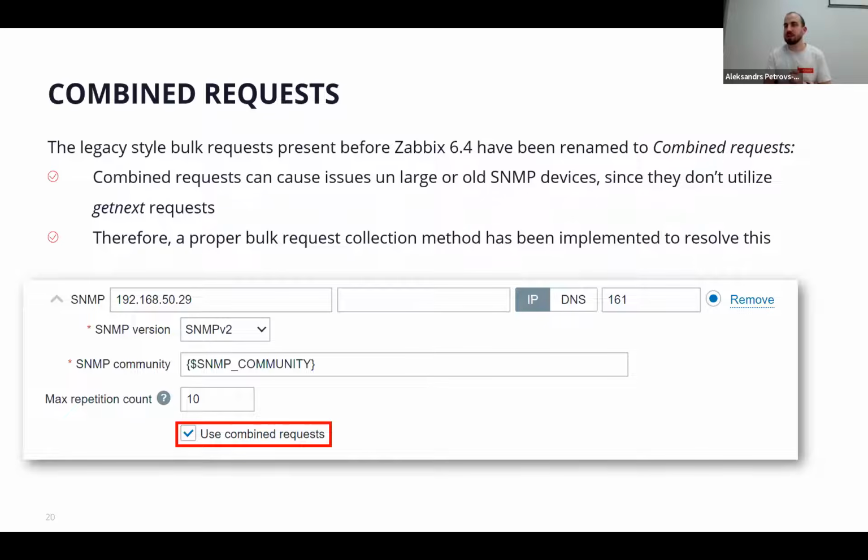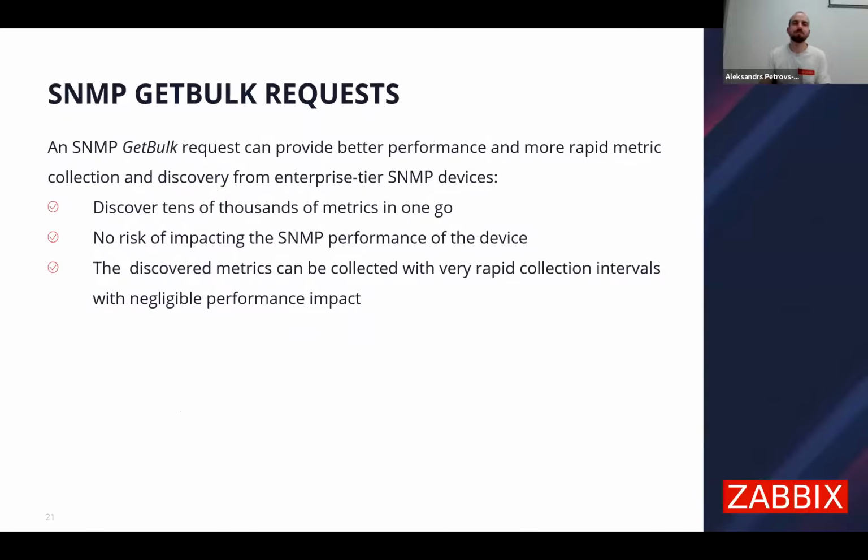And combined requests essentially still get the data in bulk, but the main difference is they don't utilize get next request, unlike the new item that was introduced. So to make sure, again, there is no confusion when you are using the new configuration, a new collection method and renaming was introduced.